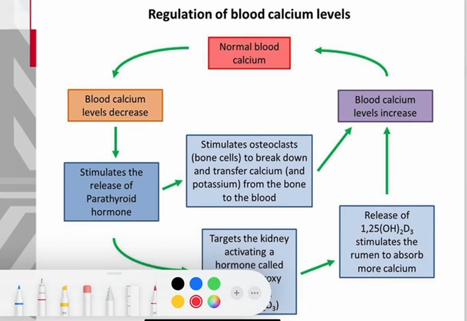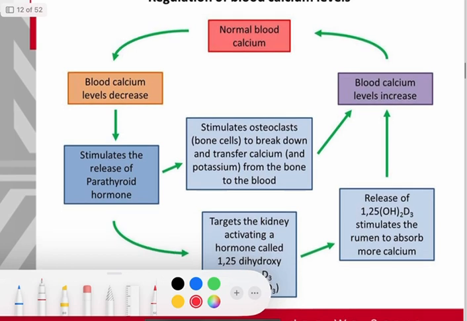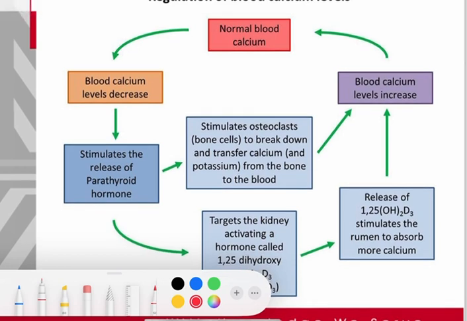So, how are normal calcium levels regulated? Blood calcium level decreases. If it decreases, it will stimulate the release of parathyroid hormone, which will cause osteoclasts to be stimulated to break down and transfer the calcium from bone to blood.